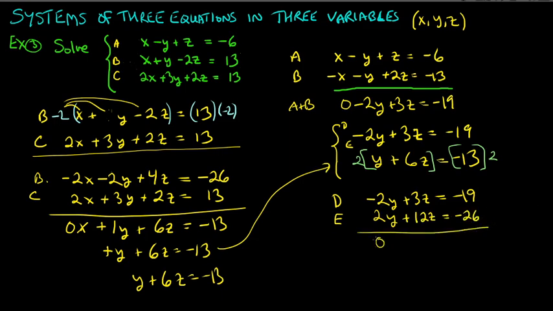Okay, so when you add D plus E, you get 0y plus 15z equals negative 45, right? Yep, negative 45. So we're almost done. I have 15z equals negative 45. All I need to do is divide by 15, and that tells me that z is just negative 3.